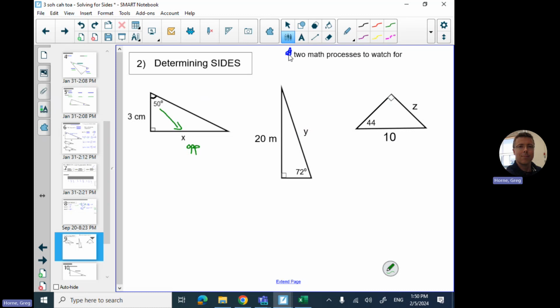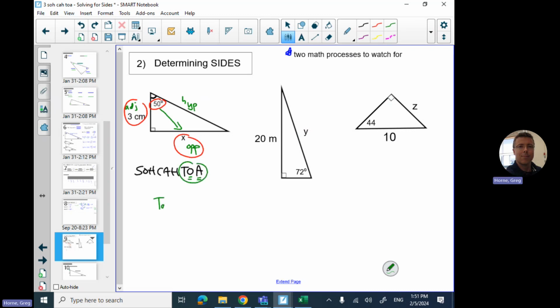And if we're given that angle, opposite to it is the X and adjacent to it is this one. So this is an opposite and adjacent situation, where we have the adjacent, we're asking for the opposite, and we've got the associated angle. So it's a tan situation.